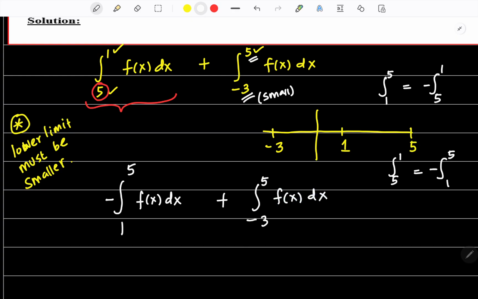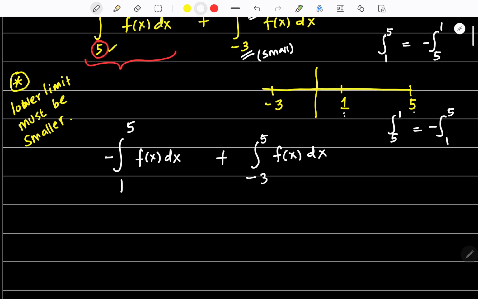Now you just see that. Is there any possibility to combine? Combine in the sense minus 3 to 1, 1 to 5, something like that. If it is not able to combine, leave it. Now this is 1 to 5, this is the portion, right? But minus 3 to 5 runs from this portion to this portion. So there is one point in between, which is 1.